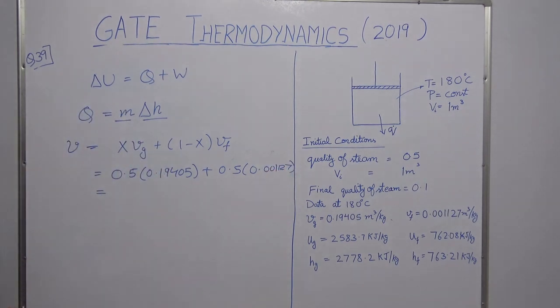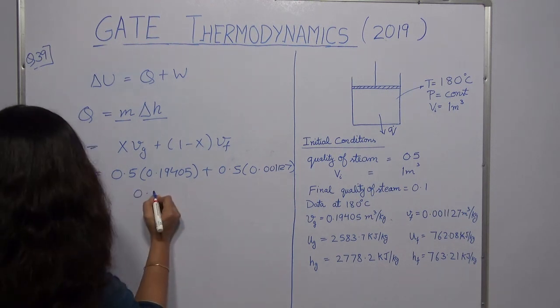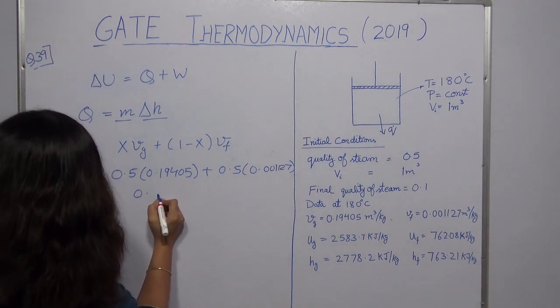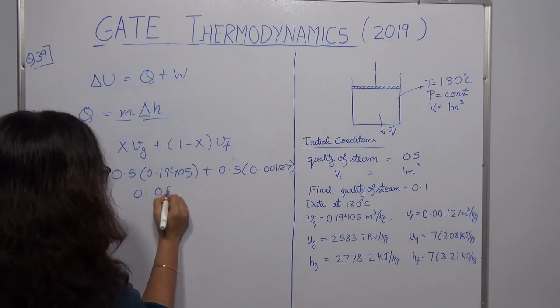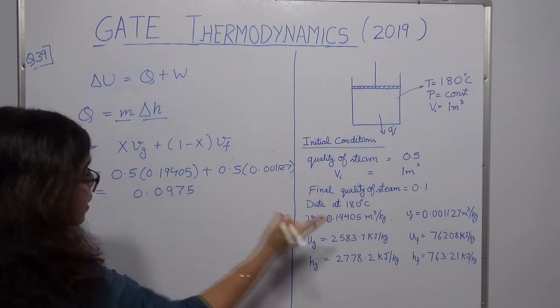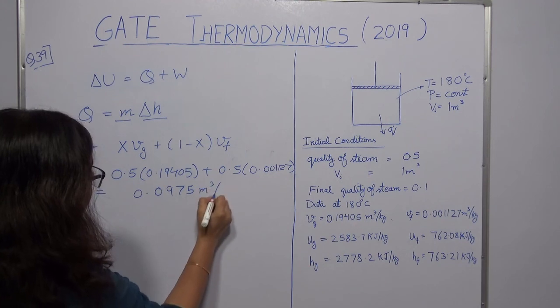So now your specific volume initially for this system, if you calculate it, is 0.0975 and the units are meter cube per kg.